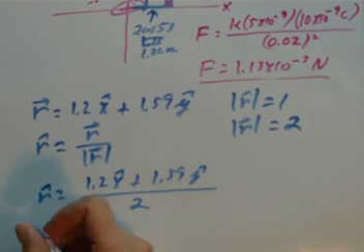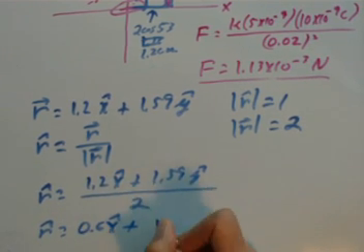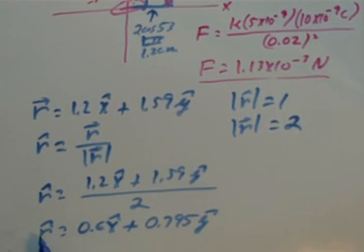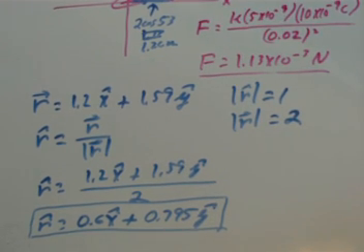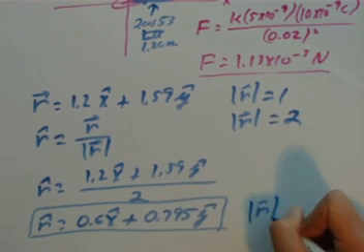So we're going to divide each component by 2. The r hat vector then comes out to be 0.6 x hat plus 0.795 y hat. So this is that elusive r hat vector. It gives everyone so much trouble when it's tacked on to the electric field and Coulomb's law equations. We're not going to check here, but if we check the magnitude of r hat, we should get 1.